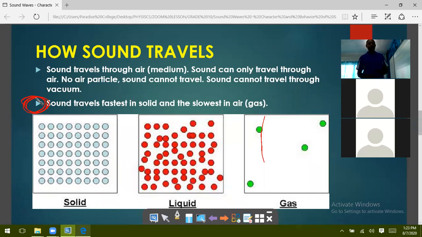Do you understand why I have to say sound travels faster in solid and the slowest in gas? I am going to use this particle arrangement to explain that.